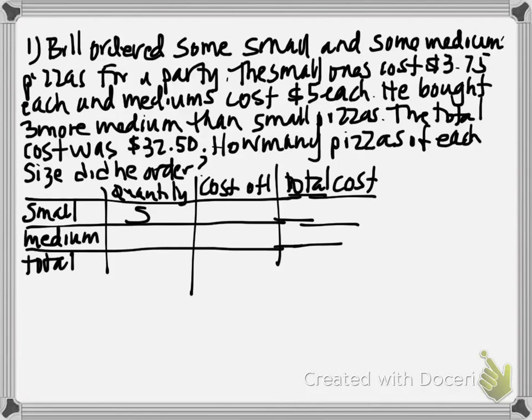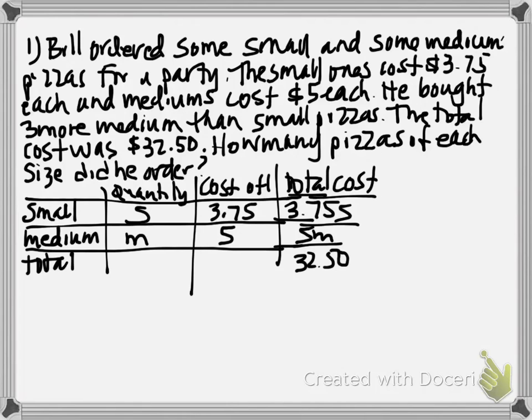So we have small pizzas and we have medium pizzas. The small one costs $3.75 for a total cost of 3.75 S. And the mediums cost $5 for a total of 5M. And it says that the total cost was $32.50.